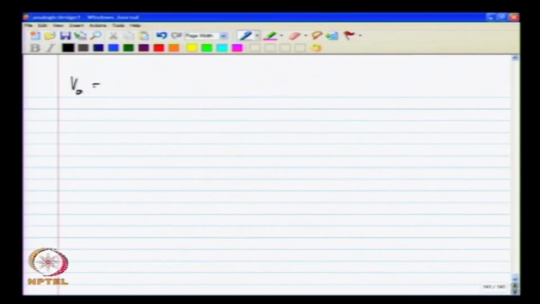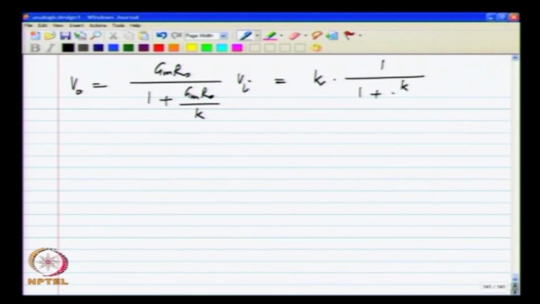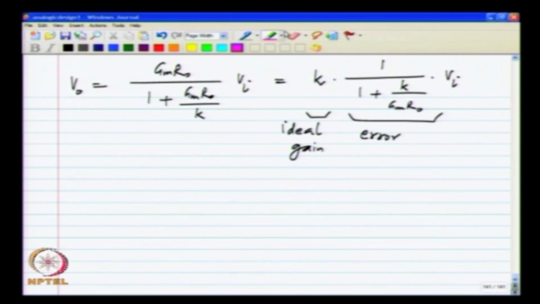That is very obvious if we write it in an alternative form, which is k divided by 1 plus k by GmRo, times Vi. So, we have the ideal gain here and we have an error here due to the fact that Ro is not infinite.